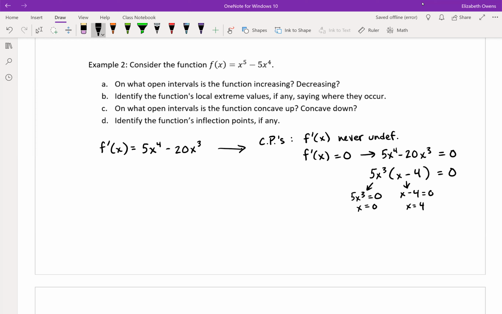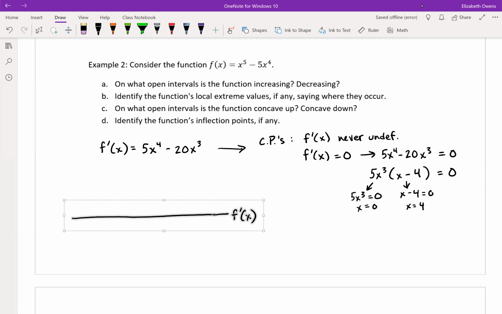And so now we are going to need to set up a number line to test this. So set up your number line, and we're going to label this with what it's testing. We're testing f prime of x. And let's also put in the function for that.